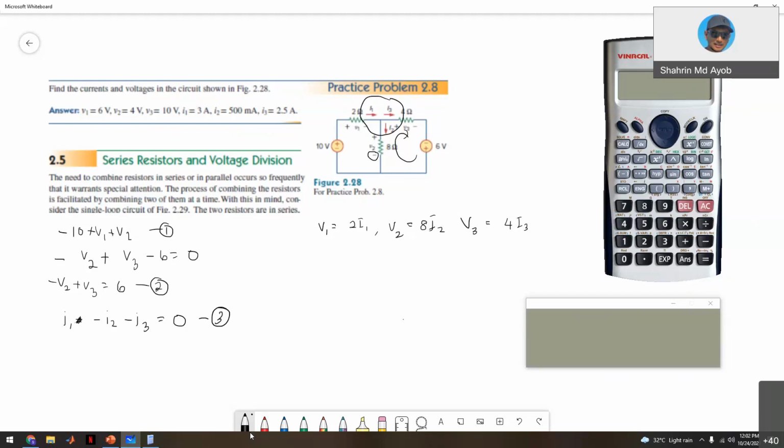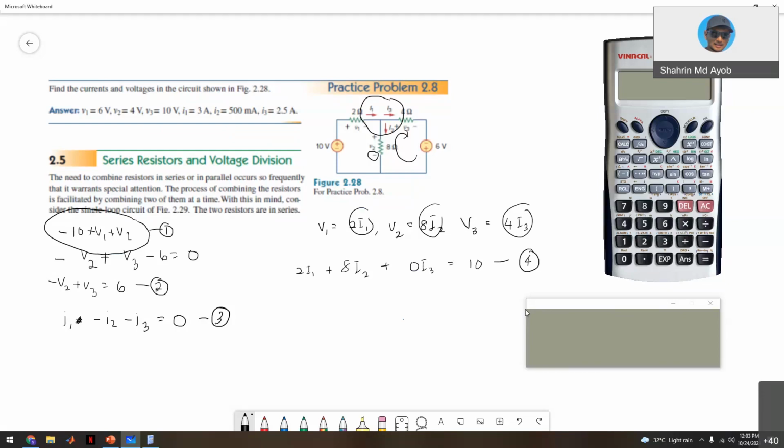So right now we have three equations, with V1, V2, and so on, but you can change them into I1, I2, and I3. So V1 is 2I1 plus V2 is 8I2 plus 0I3, and this is equal to 10. This is your first equation.